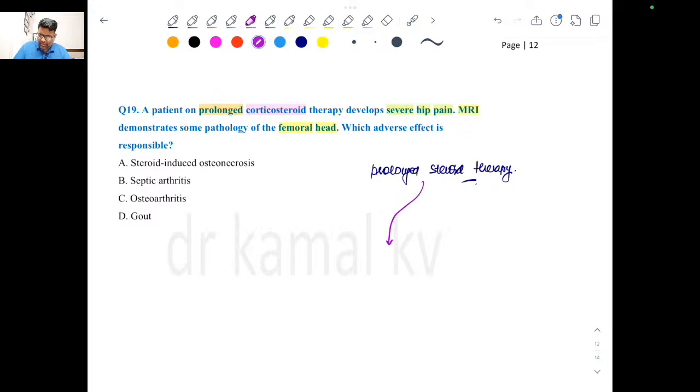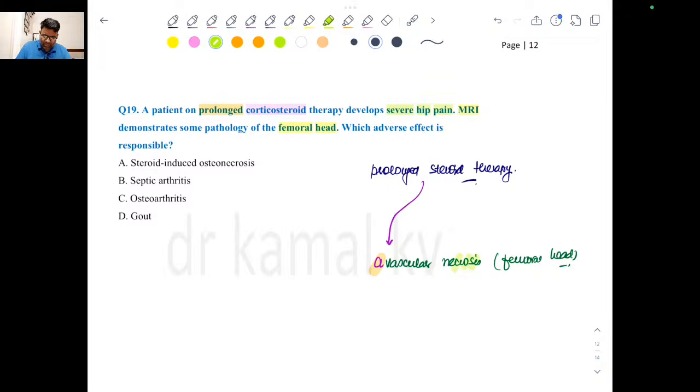Yes, this can lead to avascular necrosis of the femoral head. Right? A means without, vascular is blood supply, and necrosis is death.